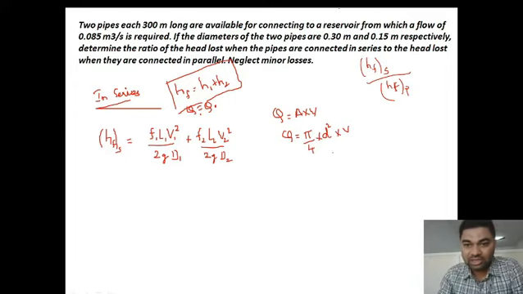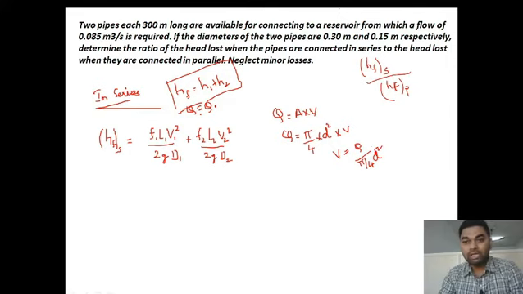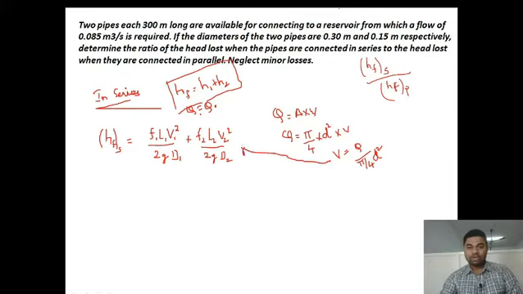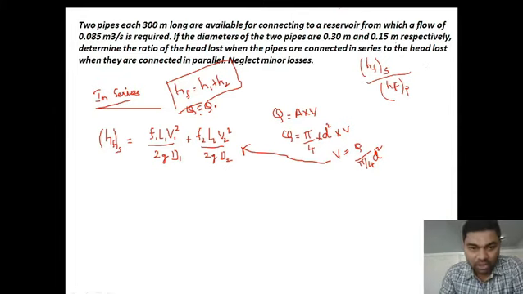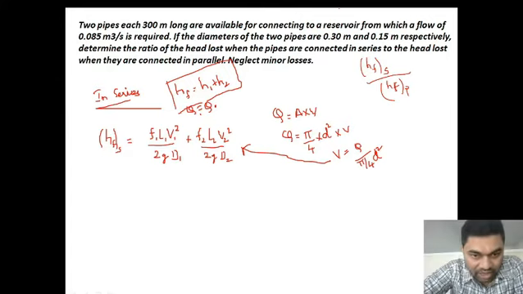So from here the velocity formula is V equal to Q by pi by 4 d square. This value of V we need to substitute in our equation. We need to write V square in terms of Q.